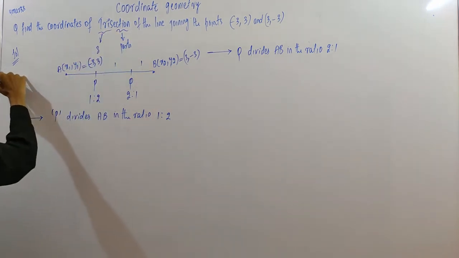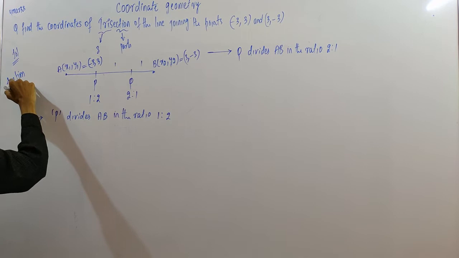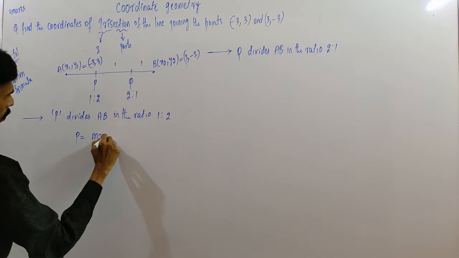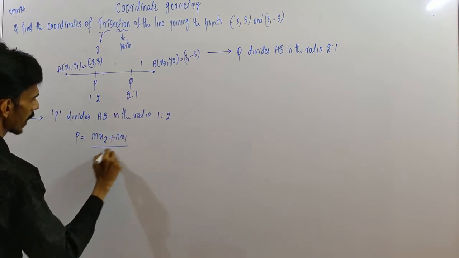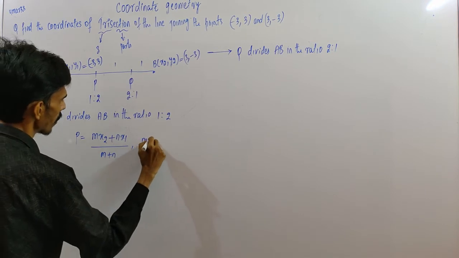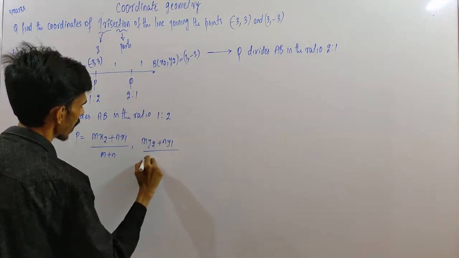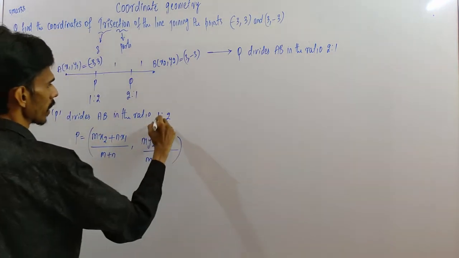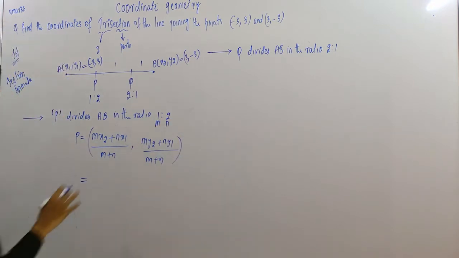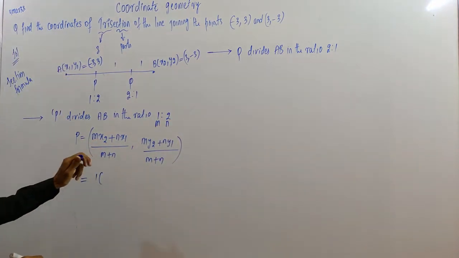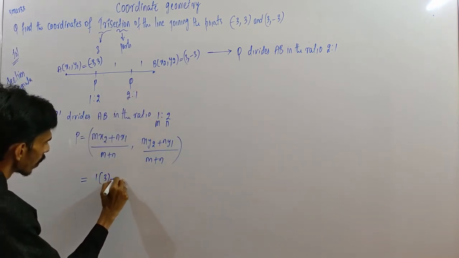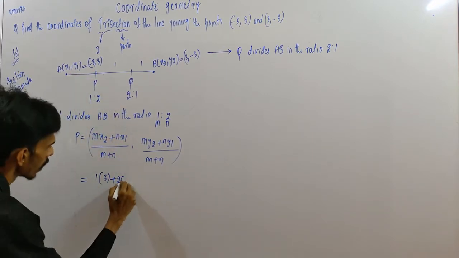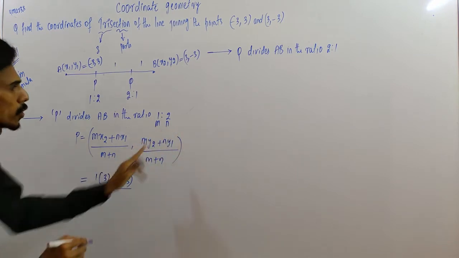Just now I have told you the section formula. P is equal to (mx2 plus nx1) divided by m plus n, comma, (my2 plus ny1) by m plus n. Take the ratio as m and n: m value is 1 into x2, x2 value 3, plus n value 2 into x1, x1 is -3, by m plus n, 1 plus 2.